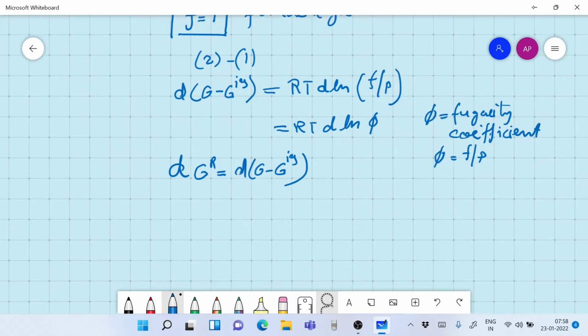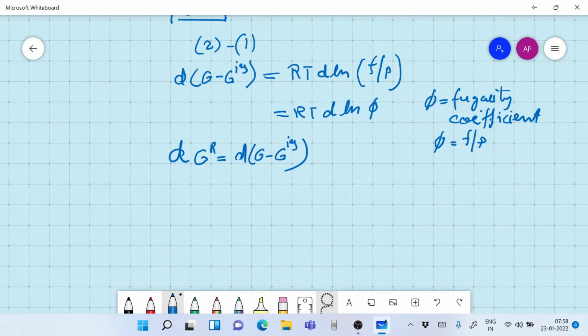Okay, so now what we have is dG residual by RT. Since all this derivation that we have done is at a constant temperature, we can take RT on the LHS in the denominator and write it as d ln of phi, right?